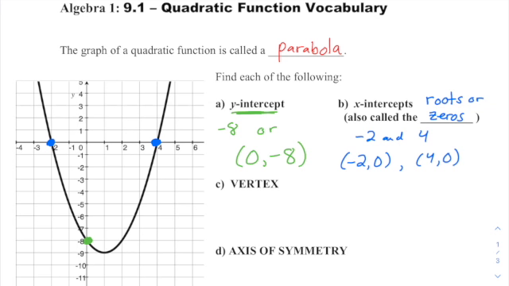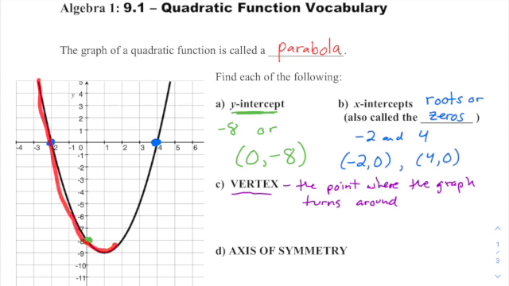Okay, now here's some new terminology. The vertex. The vertex of a parabola is, I would say, the point where the graph turns around. Or the turning point of the graph. So you see you got this curve here, and then it's going down, and then it turns around and starts to go back up.